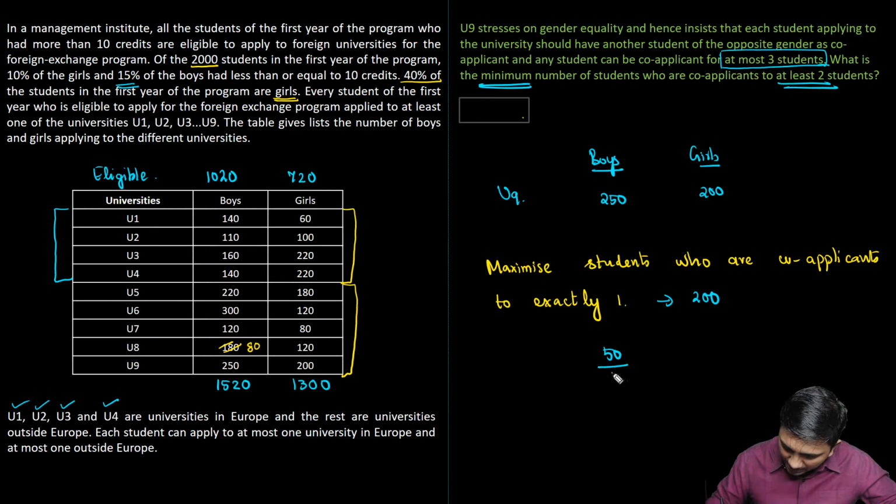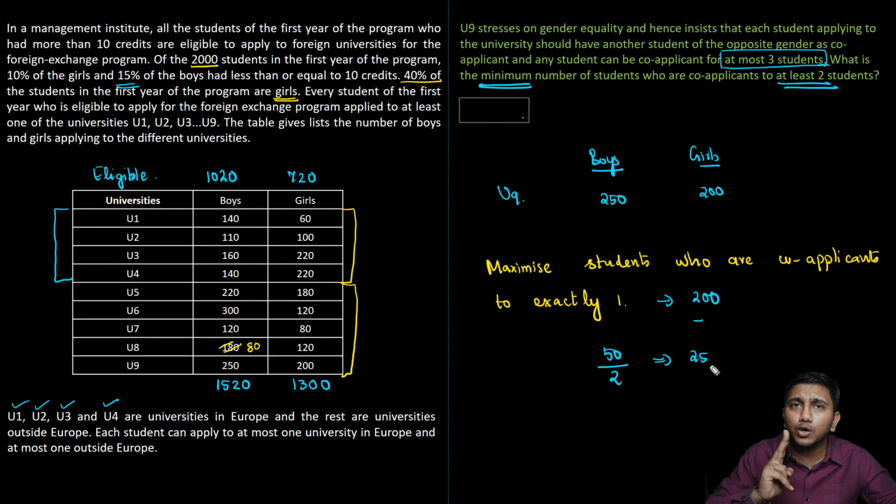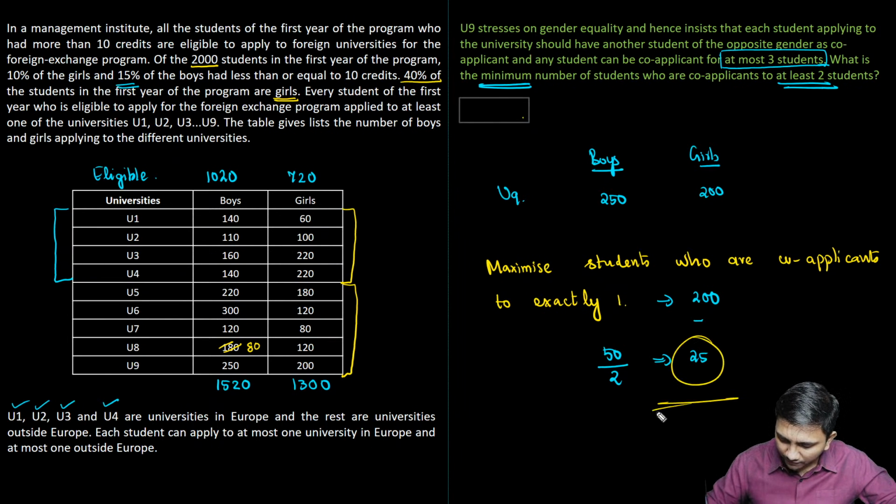So 50 by 2, I need 25 girls out of this 200 girls. I have to take 25 girls out and assign 2 more co-applicants to each one of them. What is the question asking for? Minimum number of students who are co-applicants to at least 2 students. The minimum is 25. So 25 is the answer to this question.